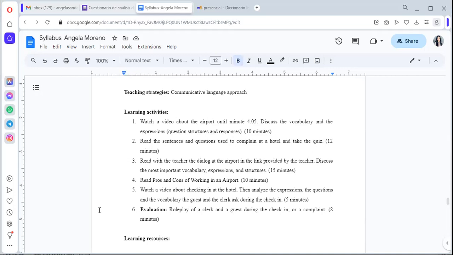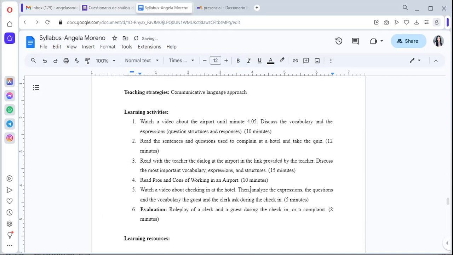Then he is going to watch a video about checking in at the hotel and analyze the expressions, the questions, and the vocabulary the guest and the clerk use during the check-in. This will last 5 minutes. And finally, the evaluation, which is a role play of a clerk and a guest during the check-in or a complaint, which will last 8 minutes.